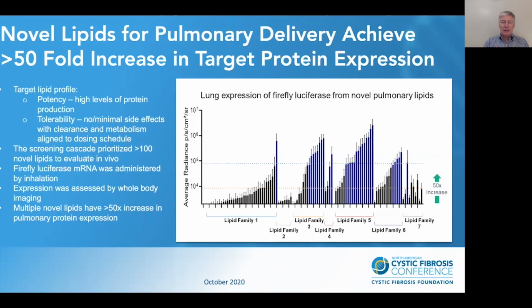So if you focus on the graph on the right-hand side, you can see we've identified a series of different lipid families where we've made small changes to the lipids in each of those, but they still fall within these families, and how those minor modifications can have a large increase in what we're calling the potency of the lipids here. And that potency, again, is where we give the same amount of mRNA but see this very dramatic increase in expression. And so now we've been incorporating this into our CFTR work.